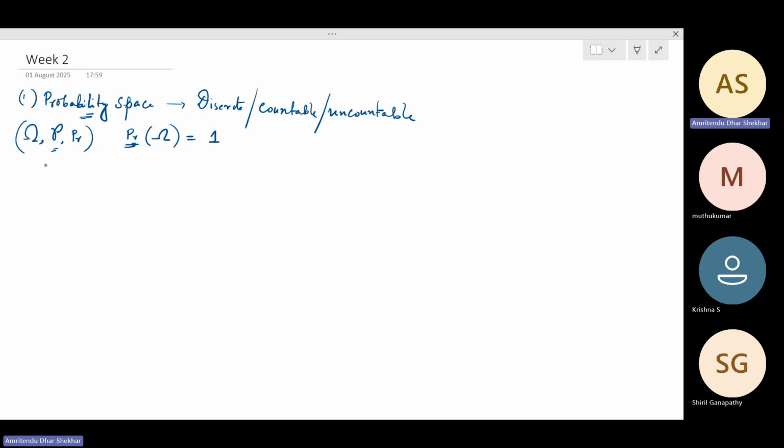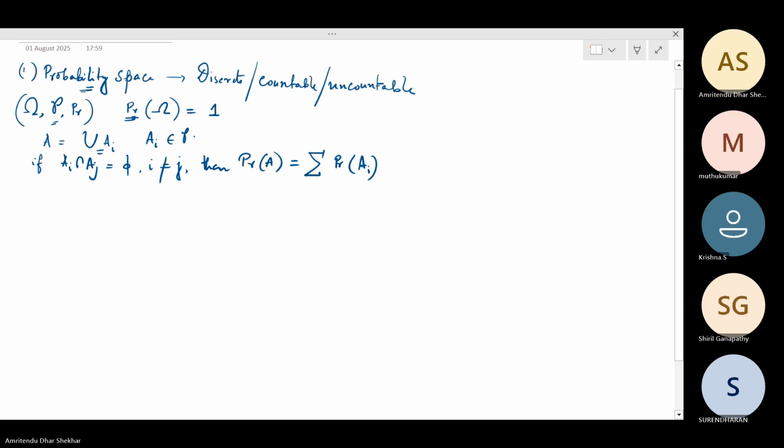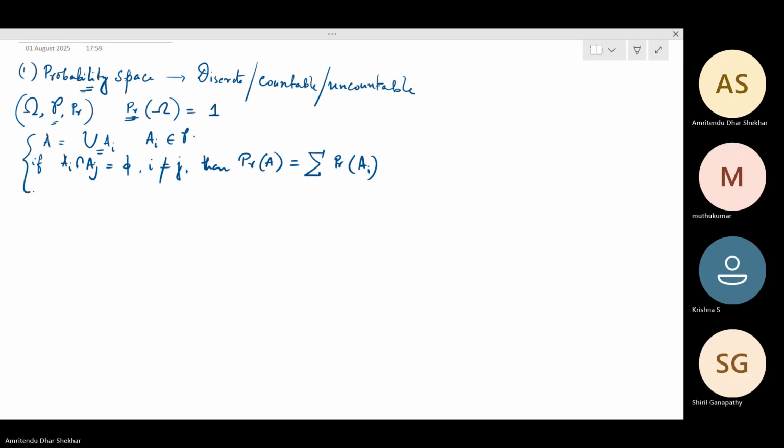If you have a set A, which is a countable union of sets AI in P, and if these AIs are disjoint, that is, AI intersection AJ is equal to phi for I not equal to j, then the probability of A is the sum of the probabilities of the AIs.